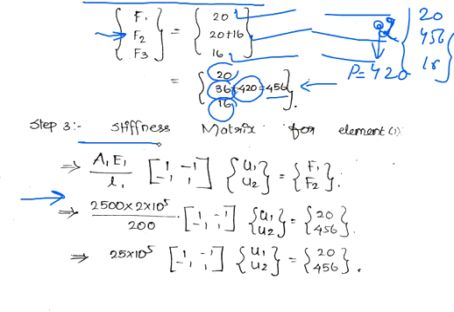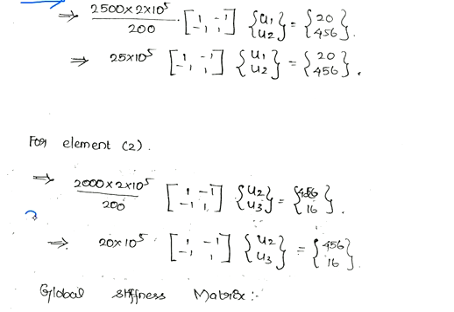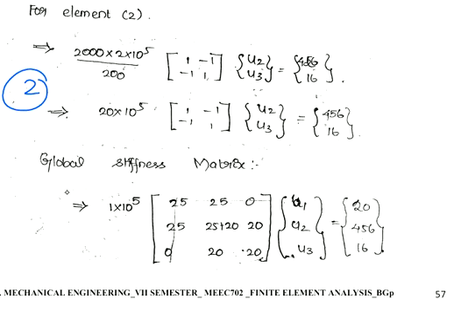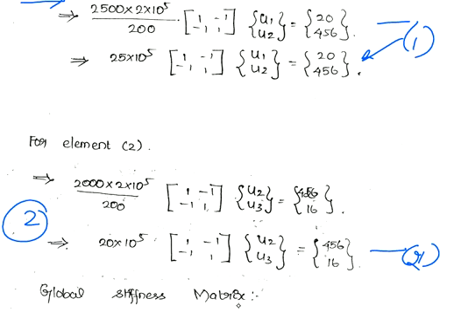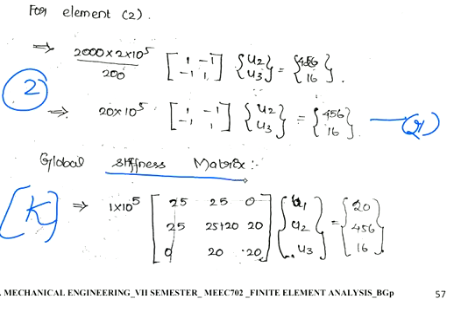This is for the stiffness matrix for element 1, and this is for the stiffness matrix for element 2, and after that we are going to make the global stiffness matrix to calculate K, adding both the matrix 1 and matrix 2. This one will be 1 and this one will be 2. Make these two add by using the global stiffness matrix, then apply the boundary conditions.